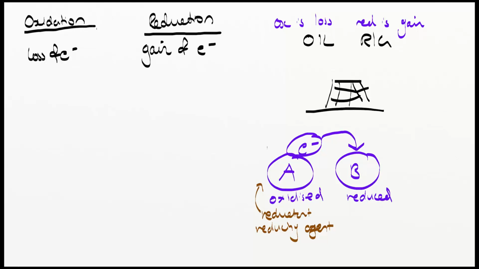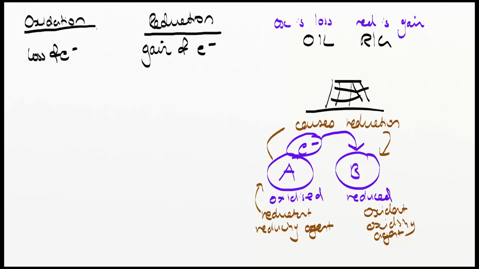So we can argue that A causes reduction of B, causes B to gain electrons. So chemical A is oxidized, so it's losing its electrons, but it's called the reductant and the reducing agent. And likewise, chemical B will be called the oxidant or the oxidizing agent. Always remember that the oxidant or reductant causes reduction or oxidation in another chemical, and itself is going to be reduced or oxidized.